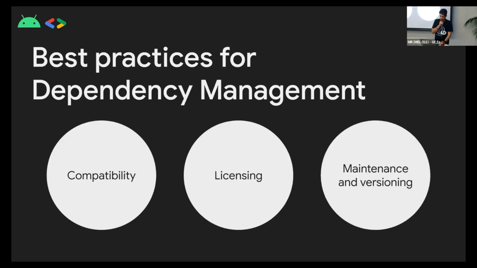Some best practices. You want to consider compatibility, licensing, and the maintenance and versioning of it. If a library is not compatible with the project that you have in mind, why bother using it, right? If it's not been maintained and versioned properly in the past, and there've been reported issues with that library, just ignore it. Something's not right with it. Breadth of use is an important one.